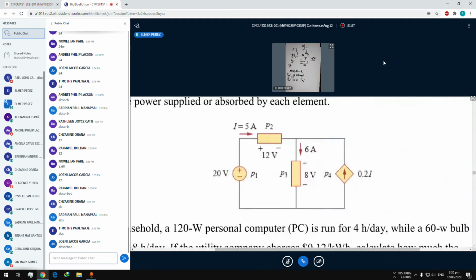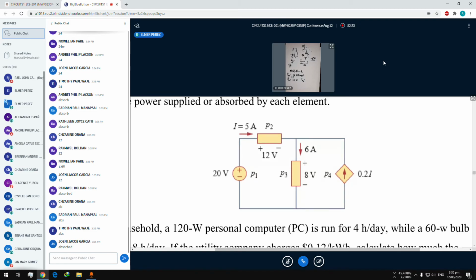So nabanggit natin kanina yung independent at saka dependent sources. Class, pag bilog, nakikita nyo bilog yung source, ibig sabihin, independent yan. Pag diamond, dependent.